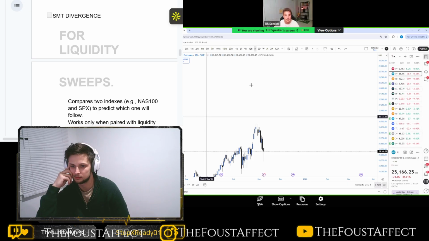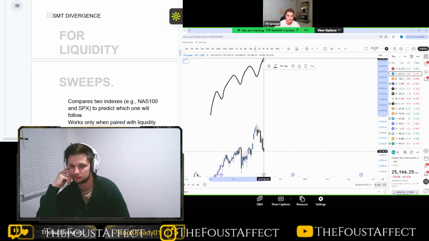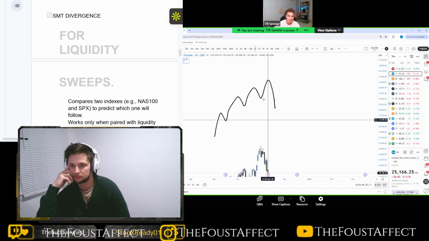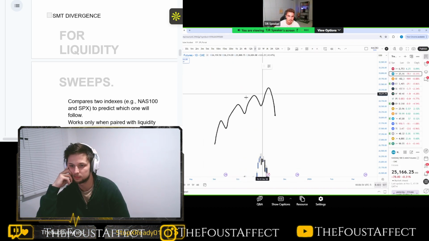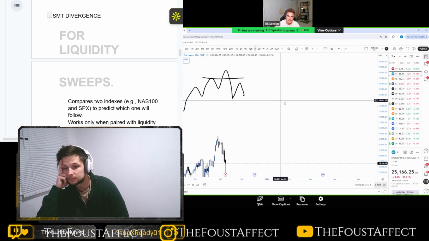Boom, we're in an uptrend, boom. NASDAQ sweeps liquidity, creates a high, and then boom, creates a lower high. Let's say that this is the NASDAQ chart.